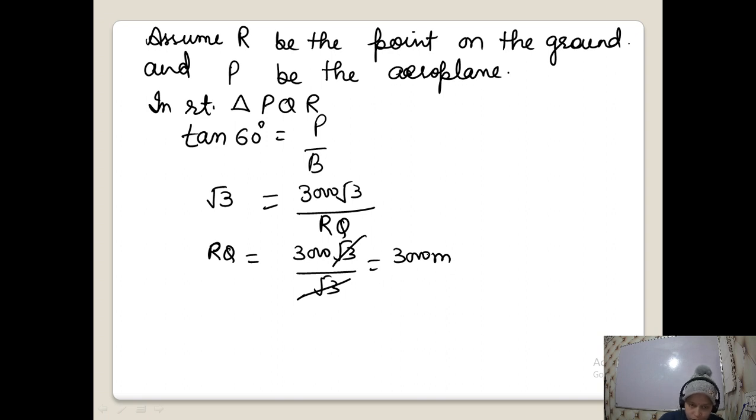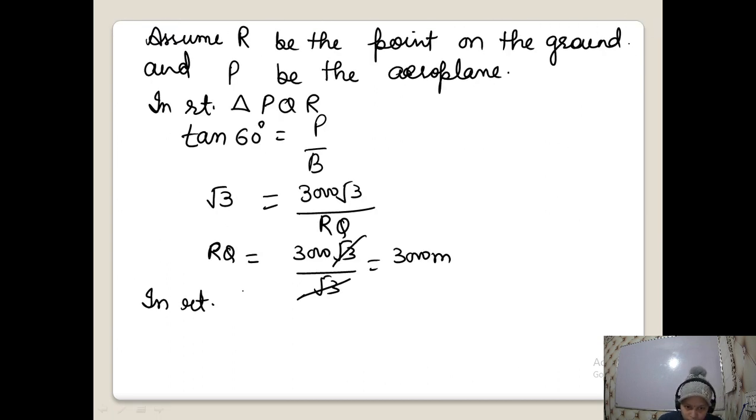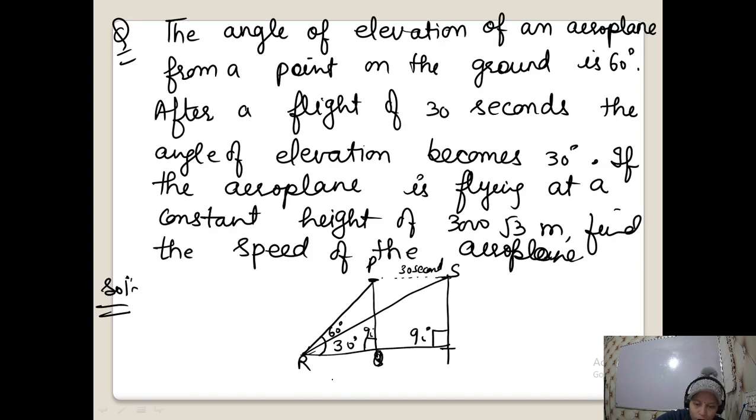Now you can solve the next part in right triangle SRT. In right triangle SRT, tan 30 degrees is equal to P over B, that is tan 30, 1 by root 3, is equal to P, which will be the same 3000 root 3, and B is equal to QT.